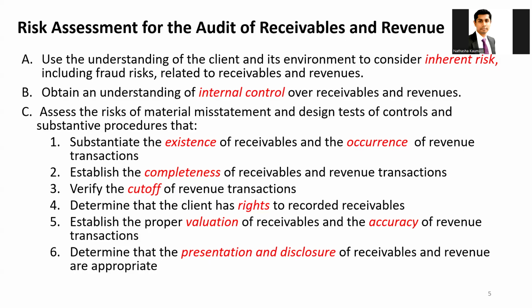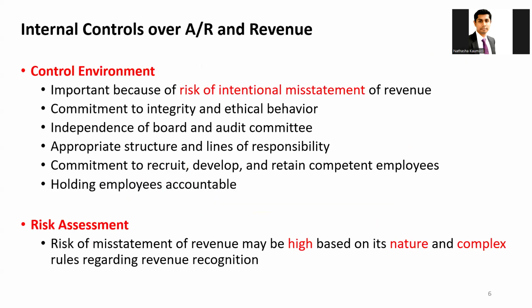Right. So by designing and conducting test of controls and substantive procedures, you are trying to cover the assertions: existence of receivables, occurrence of revenue, completeness, cutoff, rights, valuation and accuracy, presentation and disclosure. Likewise, I have discussed these things. We are trying to cover these assertions.